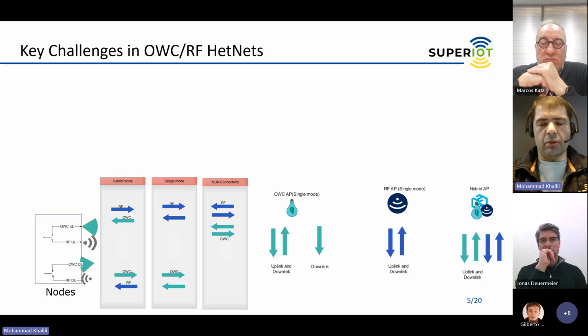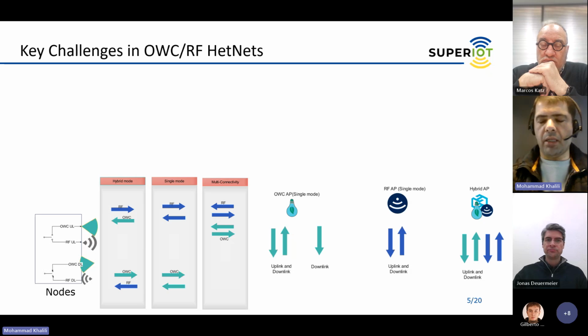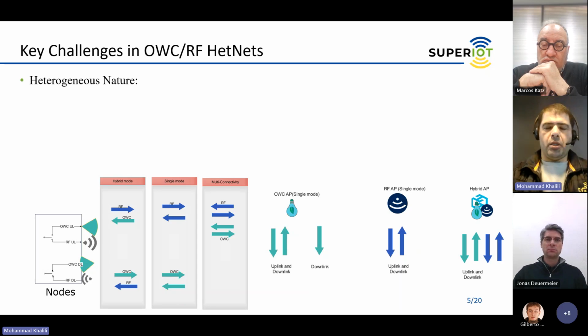Some of these access points are used only for downlink, and some of them have dual capability. Also, we can have a hybrid access point that provides two technologies at the same time. In these hybrid optical radio networks, these nodes should be connected to these access points.